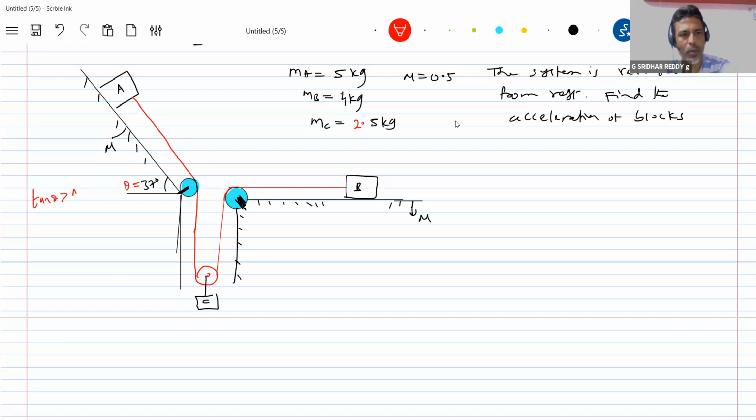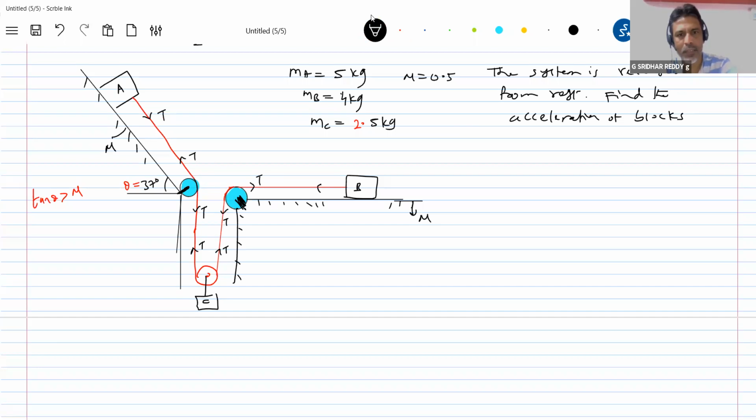So what will happen to block A? There's no problem with block A. It will shift, because along with the weight, tension is also going to act. So block A will shift here. And what about block C? There's no problem. Block B also. I don't know anything, I just proceed. I'm not sure whether I'm right or wrong. In the end, I'll cross check with some data.